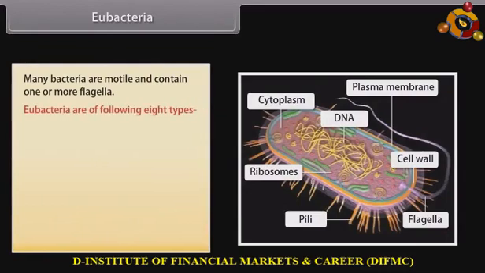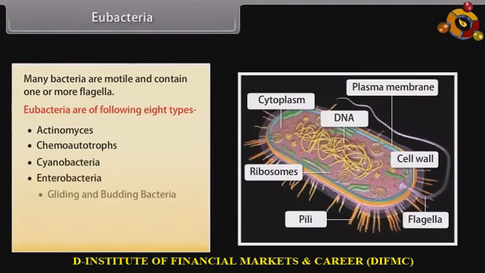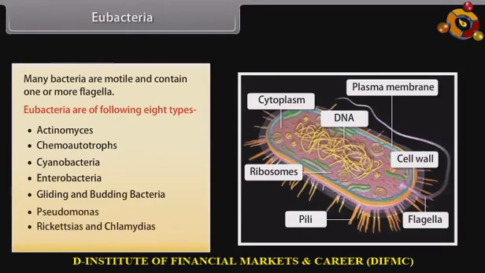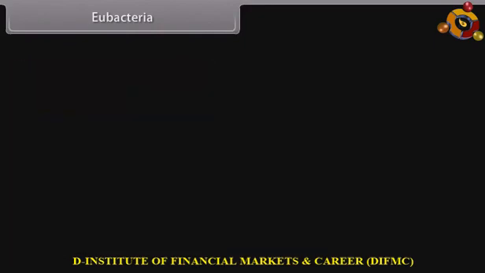Eubacteria are of the following 8 types: Actinomyces, Chemoautotrophs, Cyanobacteria, Enterobacteria, gliding and budding bacteria, Pseudomonas, Rickettsias and Chlamydias, Spirochetes.